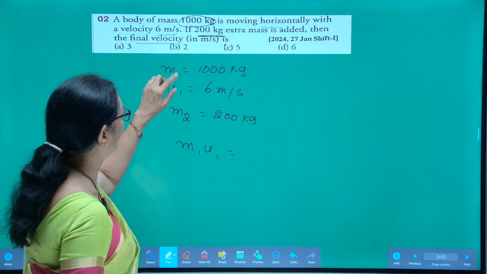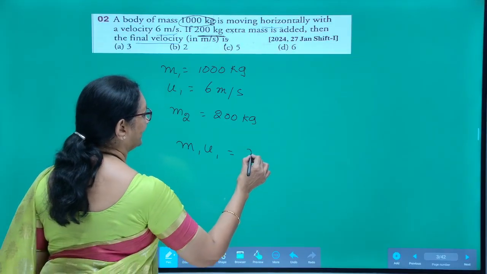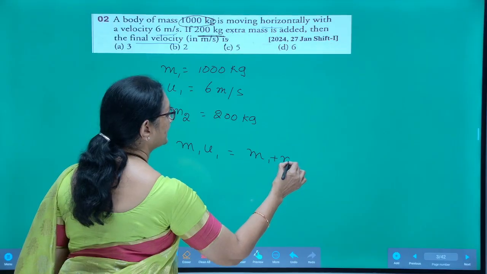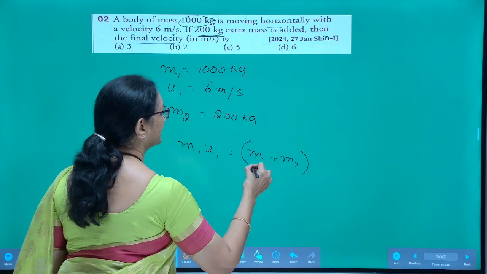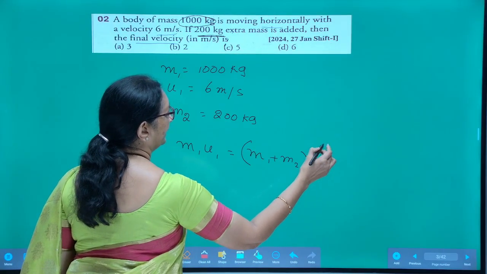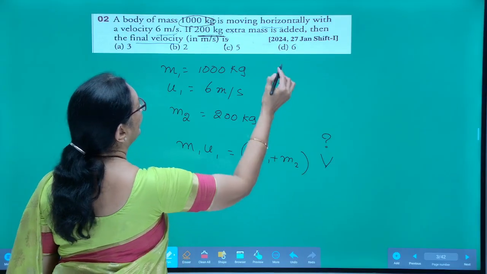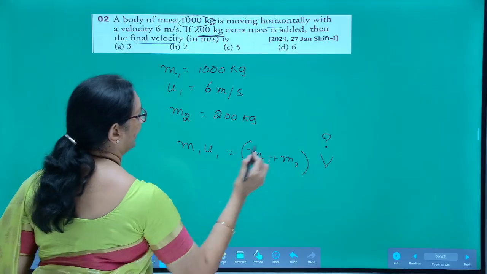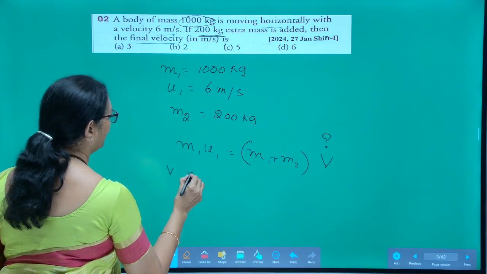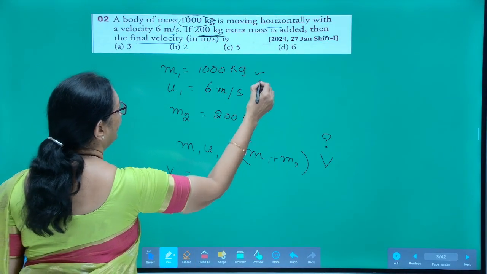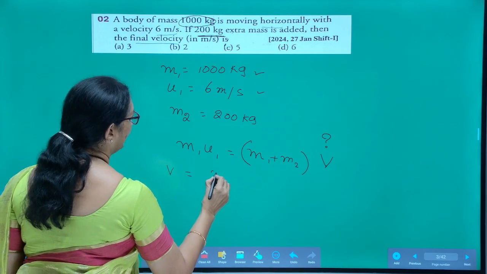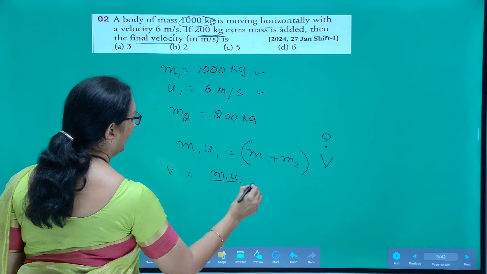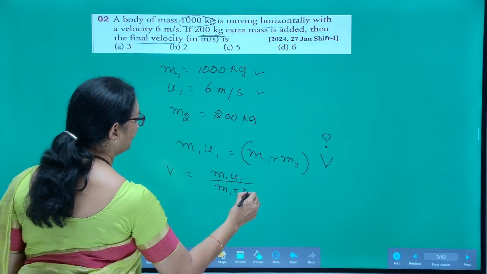Finally, to this mass another mass is added. So, final mass of the system m1 plus m2 into v. You are supposed to find velocity, final velocity. So, v is equal to m1 u1 by m1 plus m2.